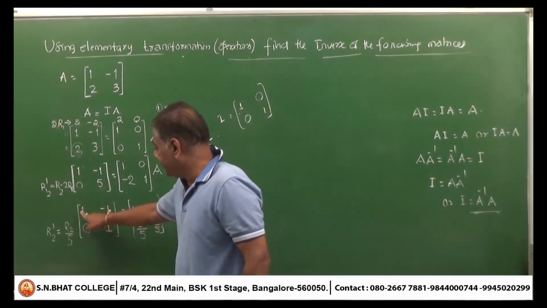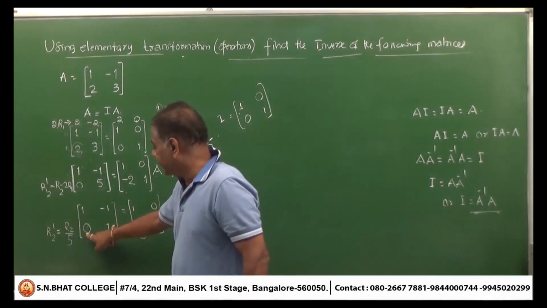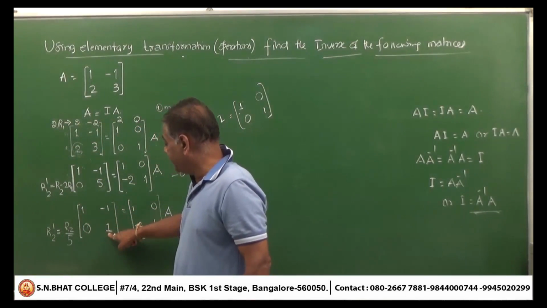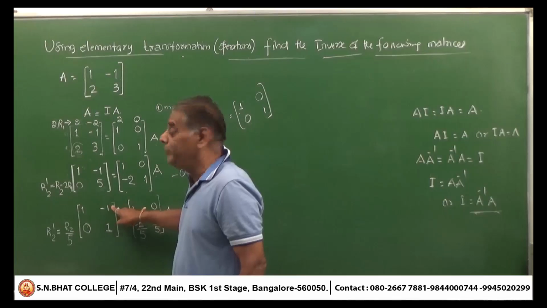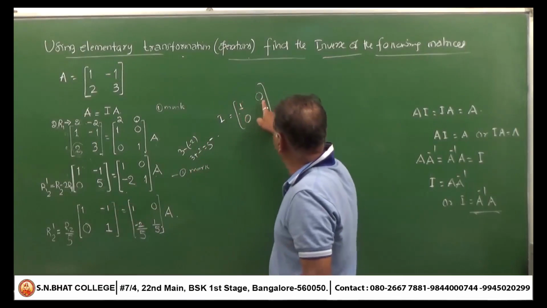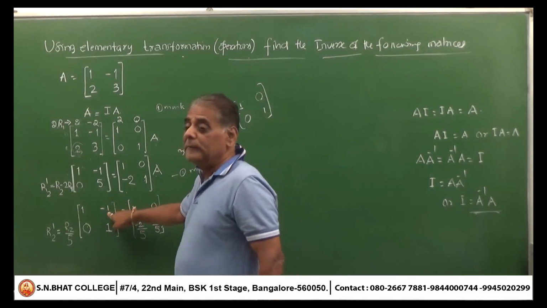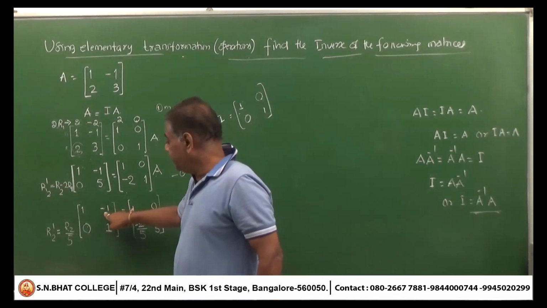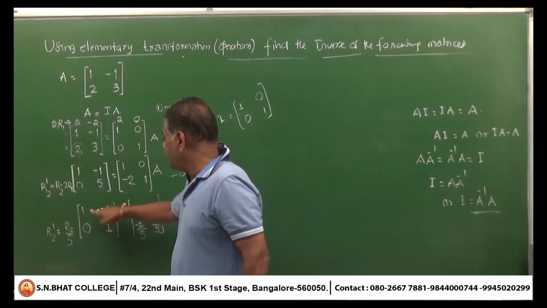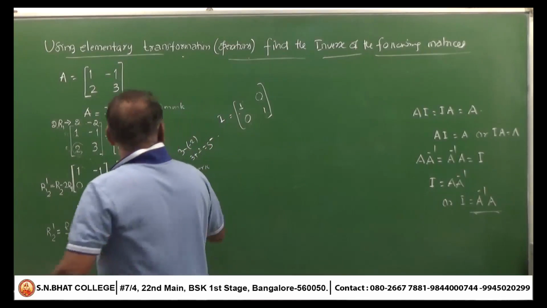In the left hand side, I made the first element 1, the second element 0, the third element 1. Next, I have to make this element 0. 1, 0, 1, 0. I have made 1, 0, 1. Making this 0 means it is a row operation for R1. R1 dash is.